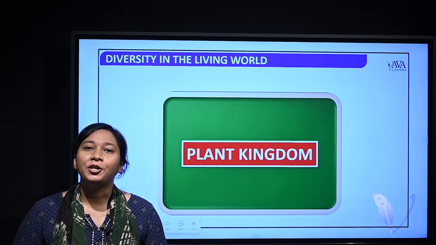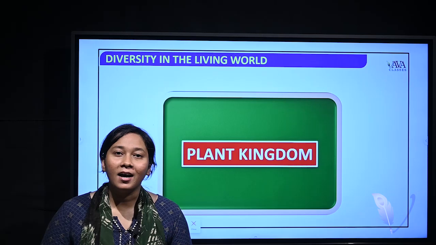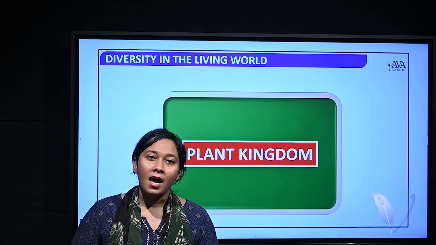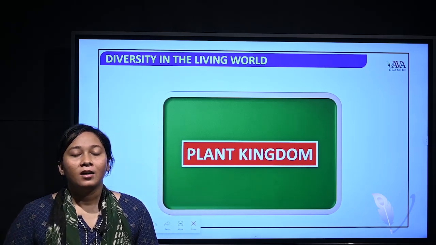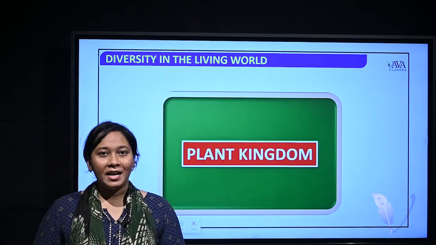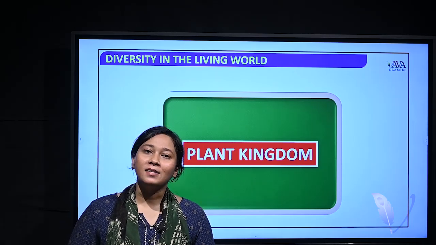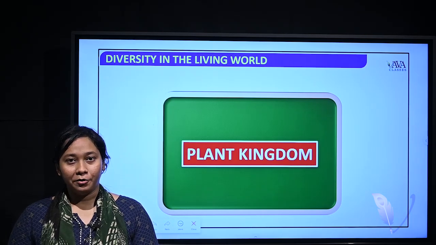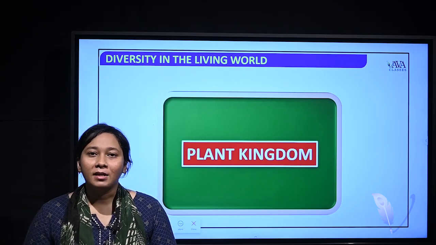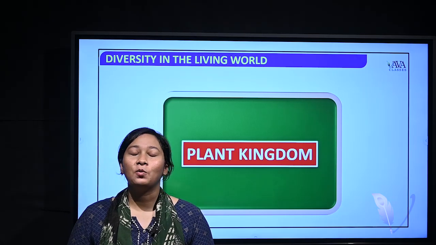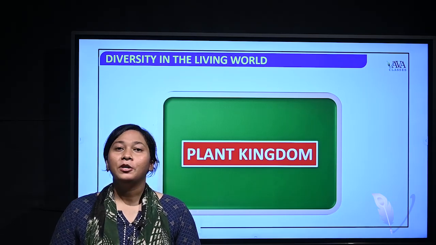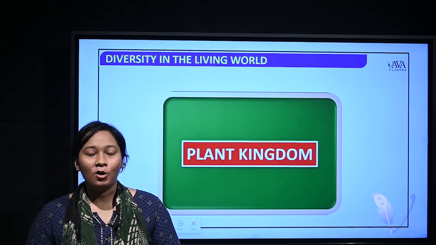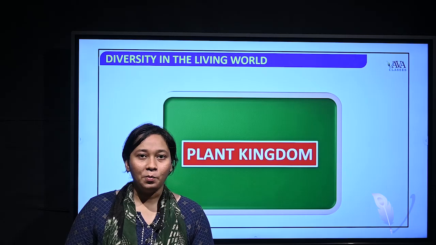In Kingdom Monera we saw that bacteria are the sole members, and they are prokaryotic organisms. Prokaryotic means their cell system is not so well developed. Their nucleus is not well developed like in the eukaryotic system. All these things we studied in Kingdom Monera.